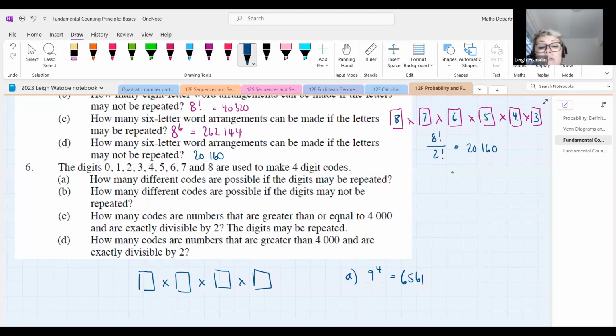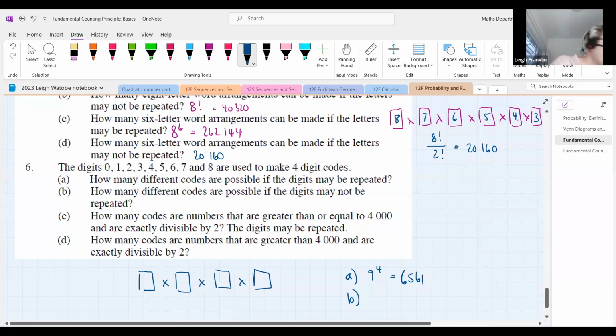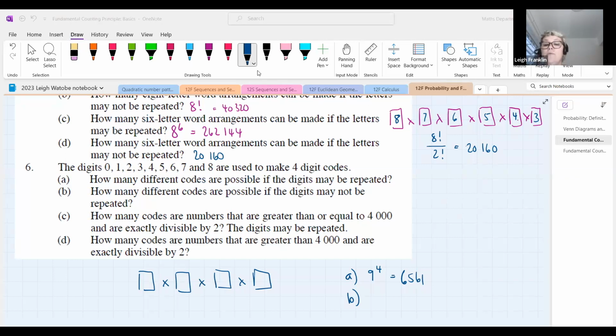How many different codes are possible if the digits may not be repeated? How many ways could we fill the first block? 9. That's it, Mamelo, quite right.